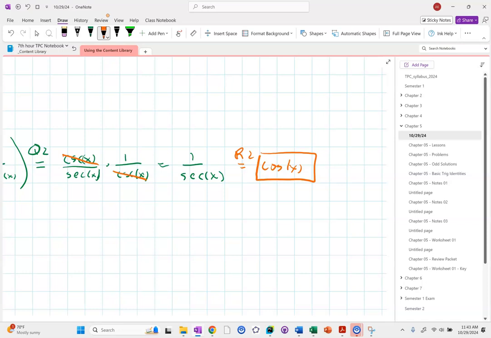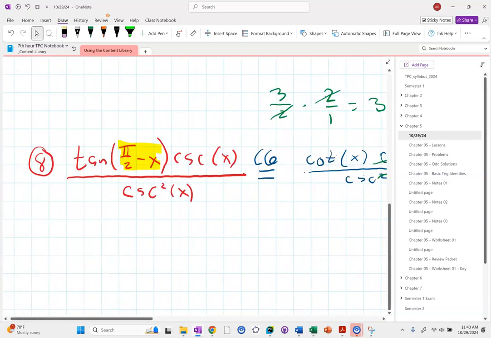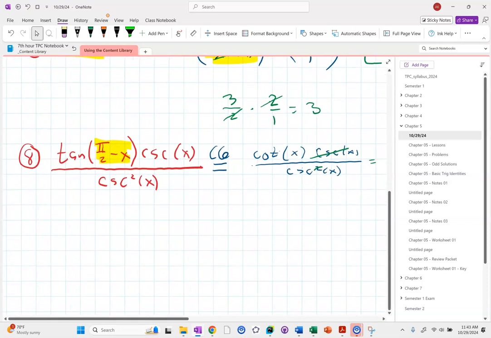Sometimes you might do 2 or 3 identities and then have some algebra cleanup. Sometimes the order doesn't really matter. On this problem, you could have started by reducing first and then doing your identity, or you could have started by doing the identity first and then reducing, like we've done. Sometimes there's a super shortcut.